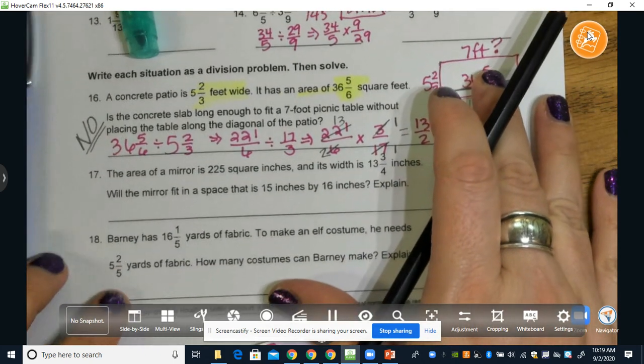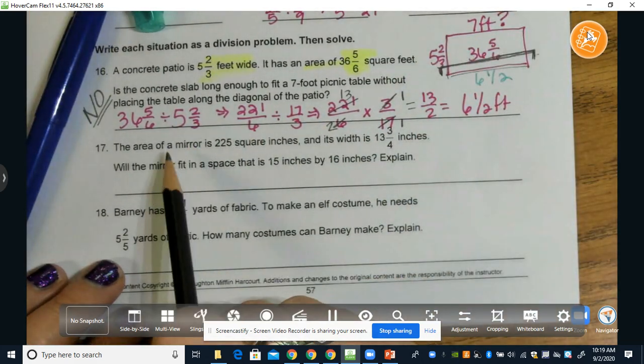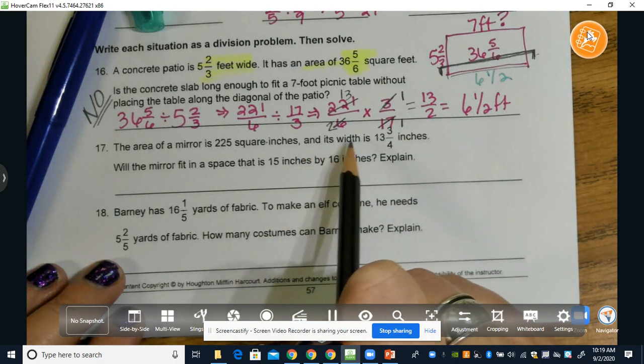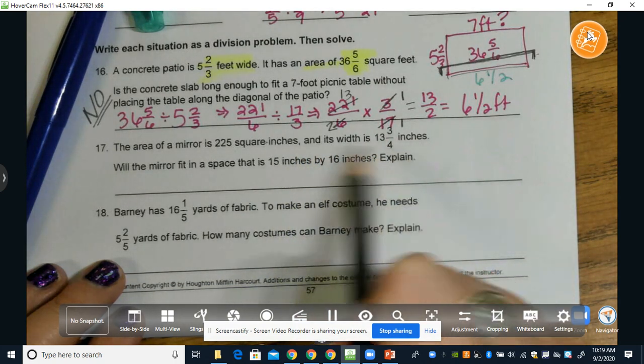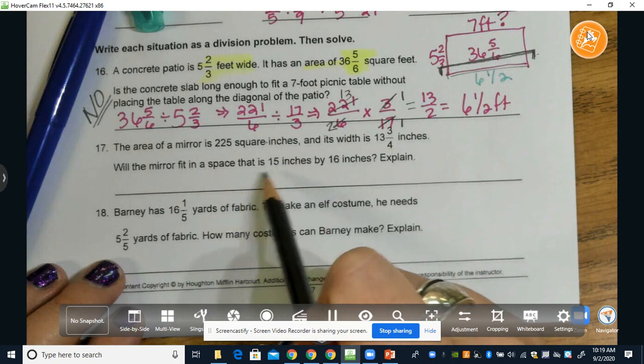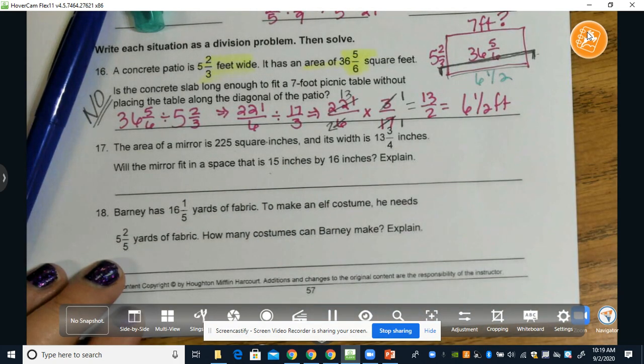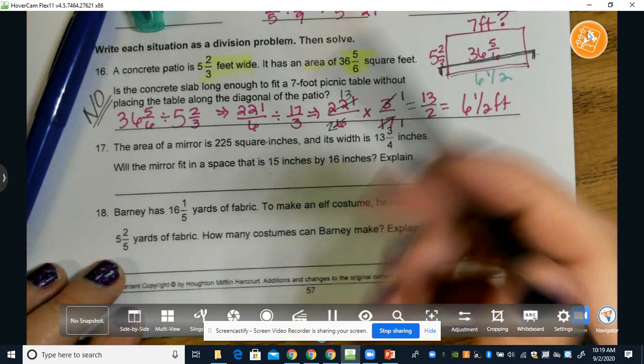All right, let's look at the next one. The area of a mirror is 225 square inches, and its width is 13 3/4 inches. Would the mirror fit in a space of 15 inches by 16 inches? There's 4 pieces of information here, but only 2 pieces that I need.